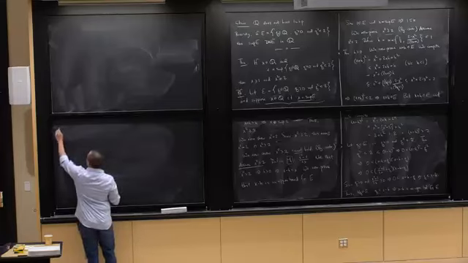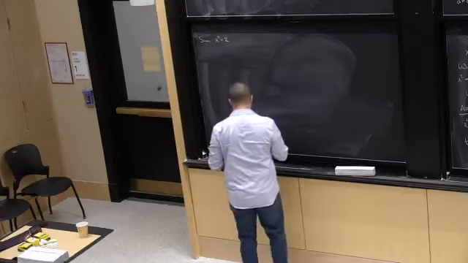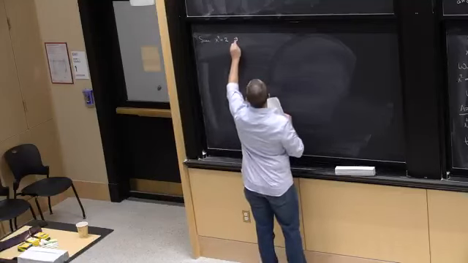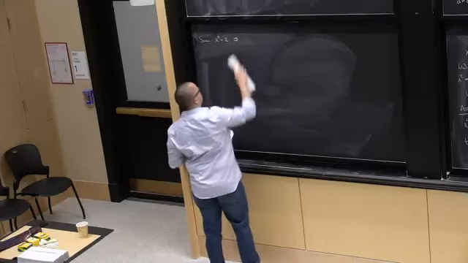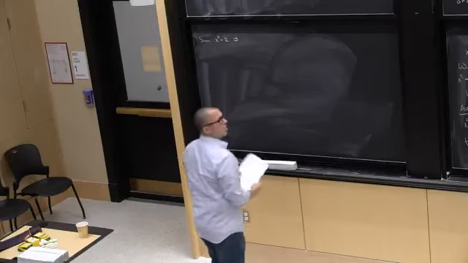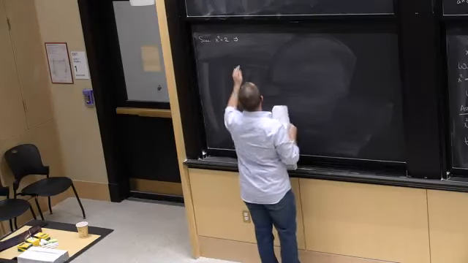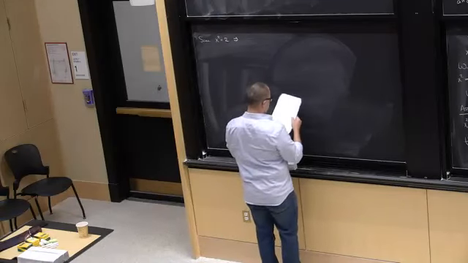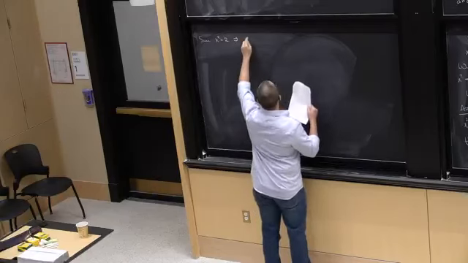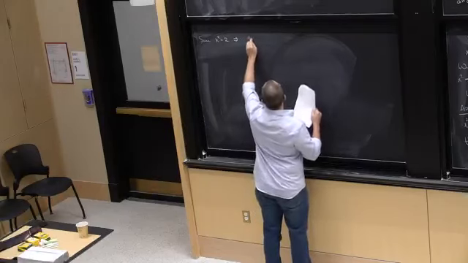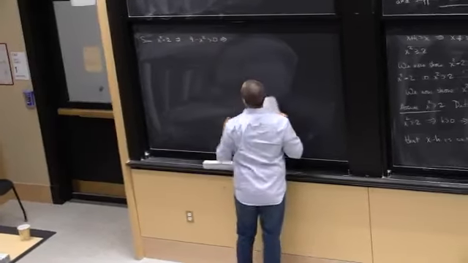Since x squared is equal to 2, this implies that 4 minus x squared is positive.